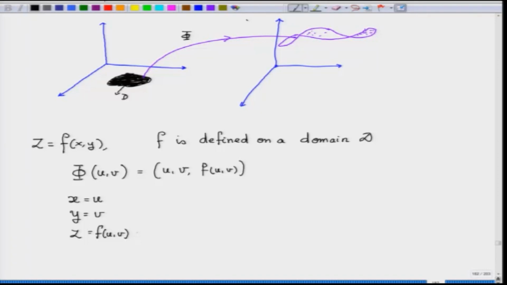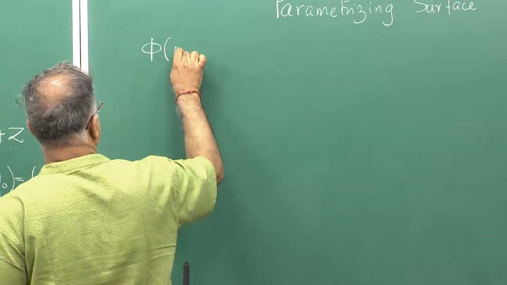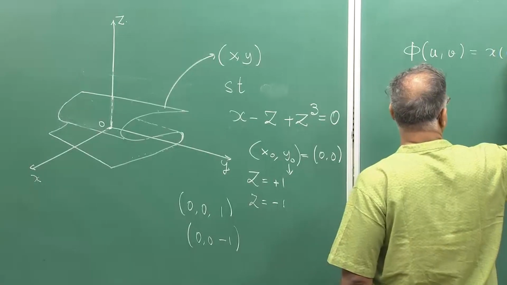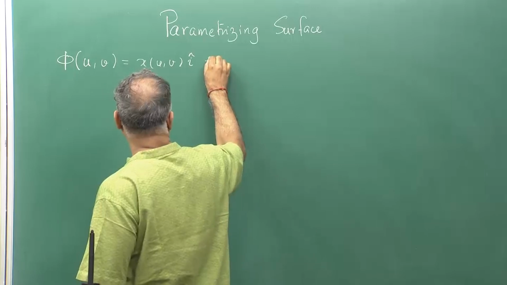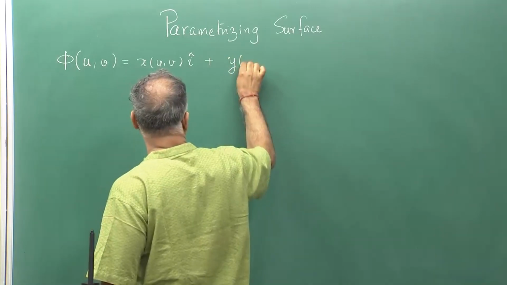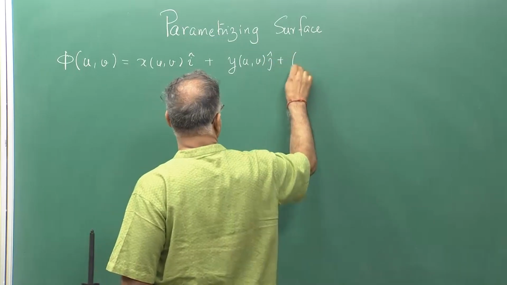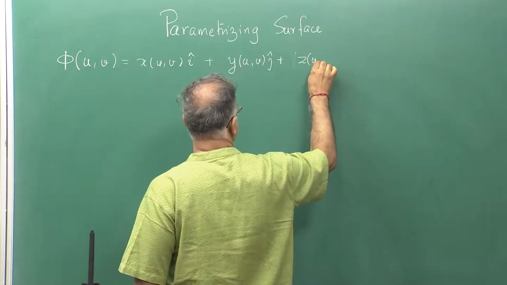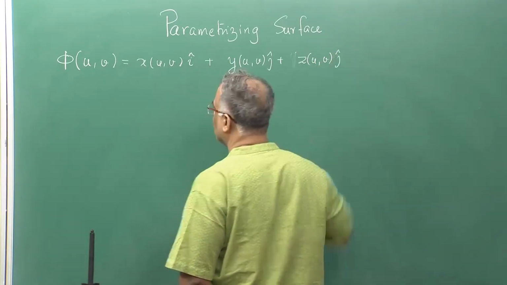So, once we have defined phi(u,v), this function can also be written in a vector form as x(u,v) i, y(u,v) j, z(u,v) k. These are very useful in differential geometry. These are the basics of differential geometry.